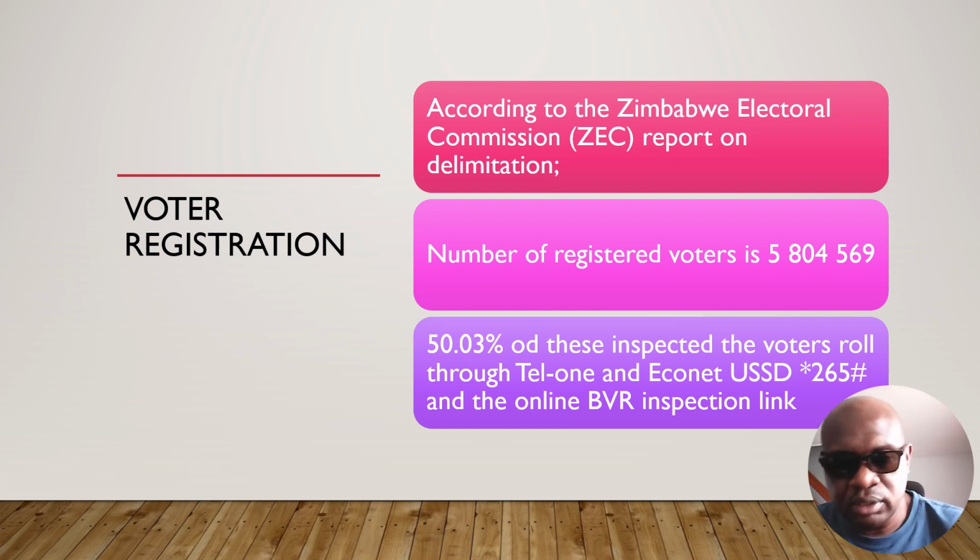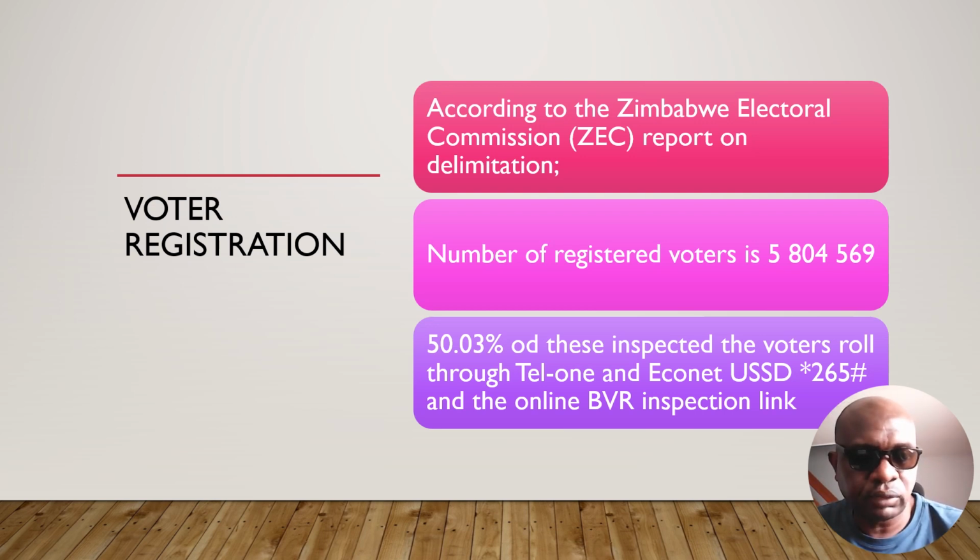Of these, 50.03% actually inspected the voters' roll. They used the USSD *265# through Econet. They also used the BVR inspection link. This is according to what they say.